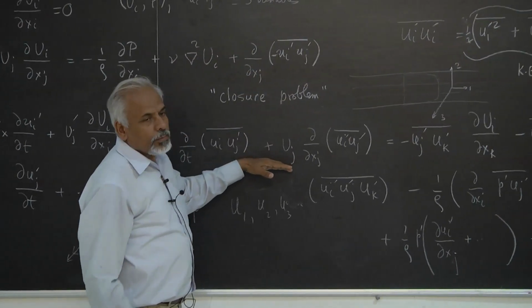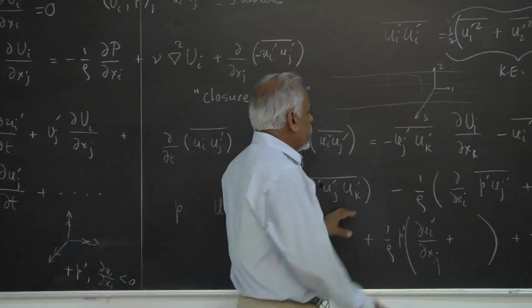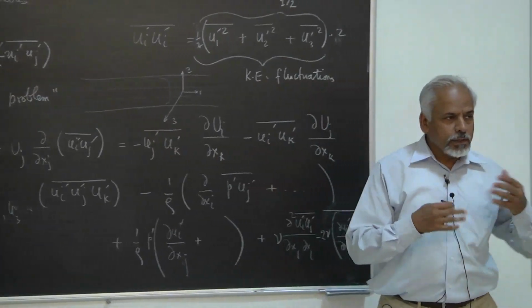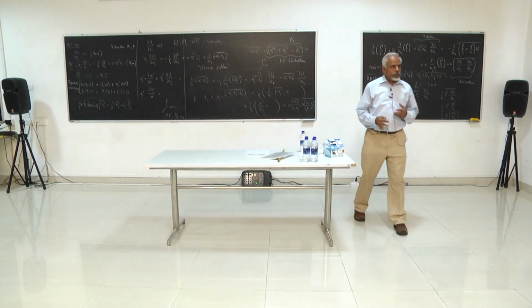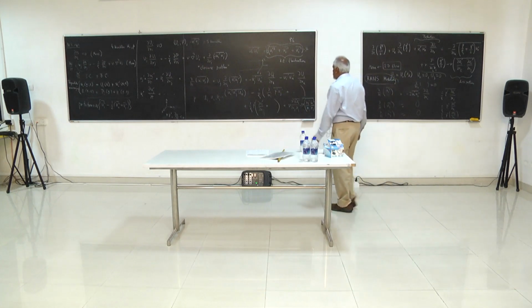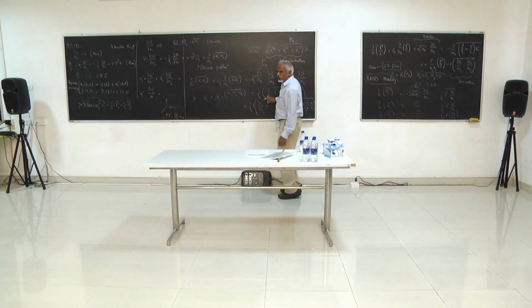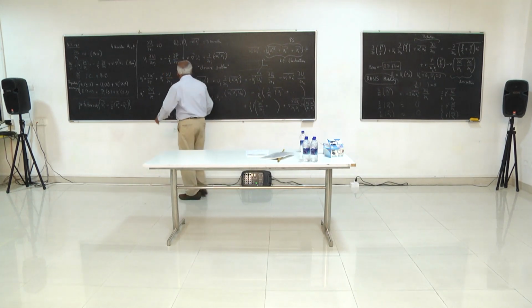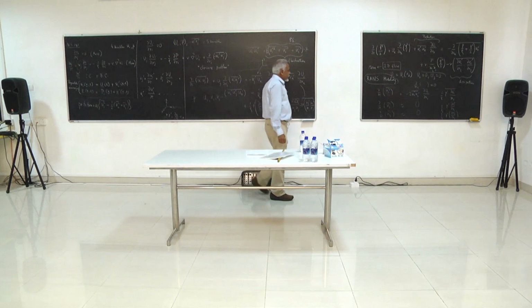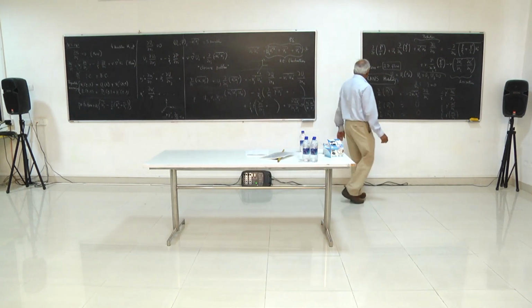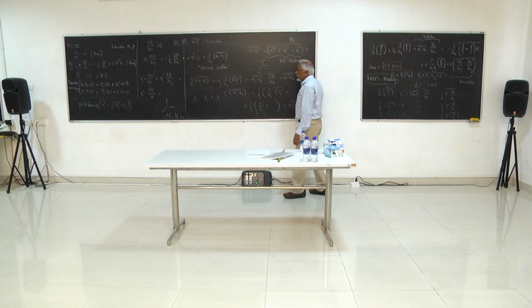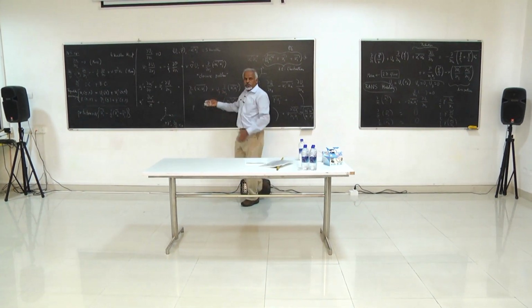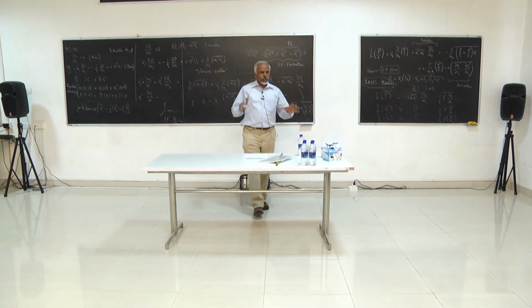You go up one level and you write it down. And now here there are many terms, and each of them behaves differently. Each of them has a different physics associated with them, and each of them has to be understood in different ways. And so you model each term separately. Like I said, the pressure terms can be modeled like this, and other nonlinear terms can be modeled in different ways. And then you close it at this level. That is to say, anything that is unknown, you put it in terms of known quantities. That is the modeling part.